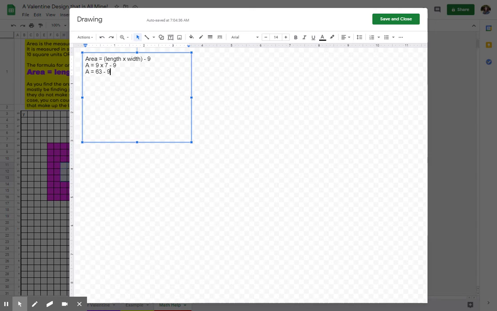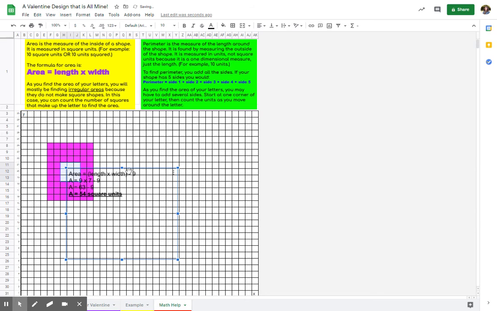And then I'm going to take away those 9 units that are the hole in my O. So now I can come to the conclusion, the solution, that I am looking at 54 square units. I know that this is 54 square units because I have found my length and width, I multiplied that together, and I took away my 9 units.